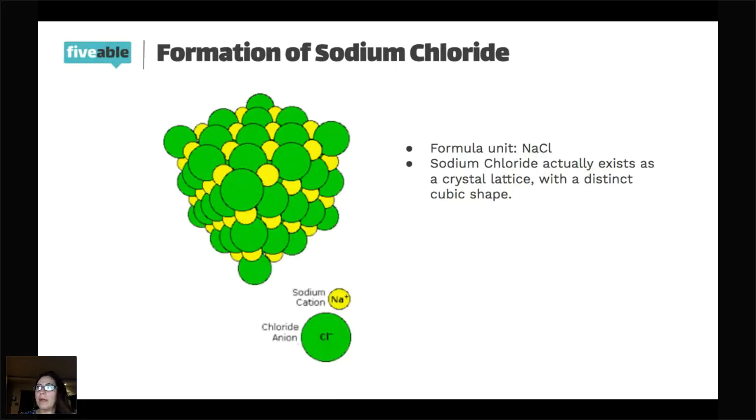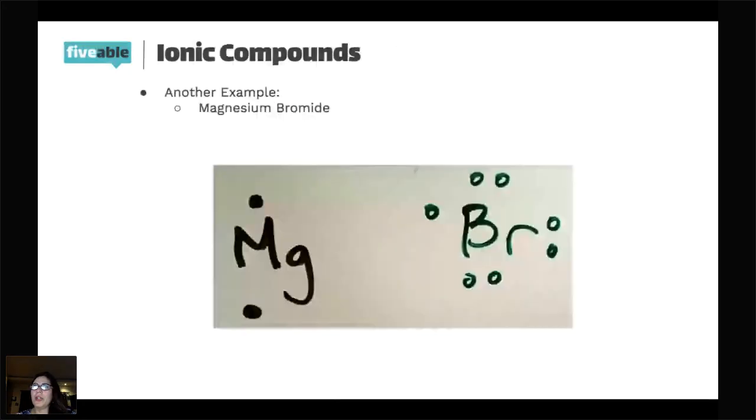Let's do another example. What do you think will happen to magnesium with 2 valence electrons and bromine with 7? What will happen in this case? What would magnesium do?